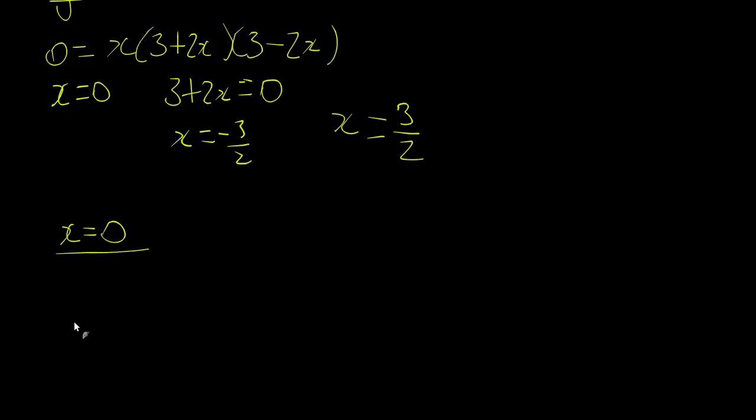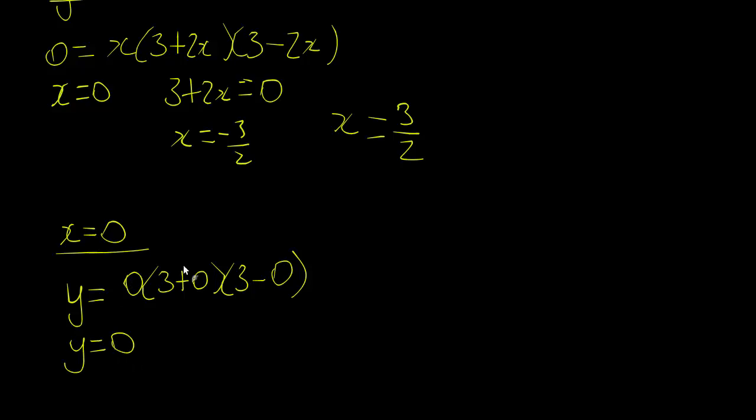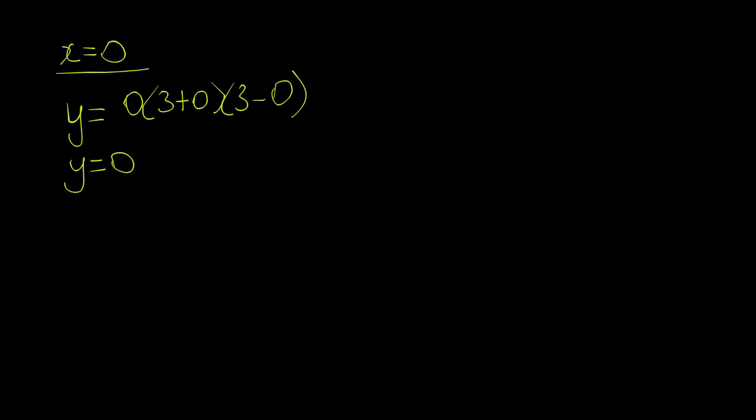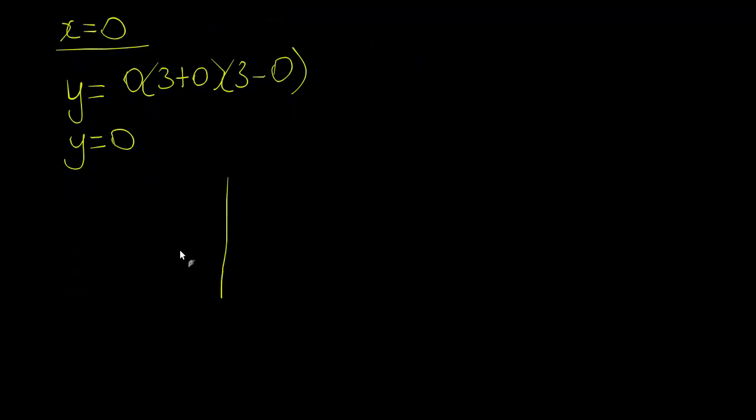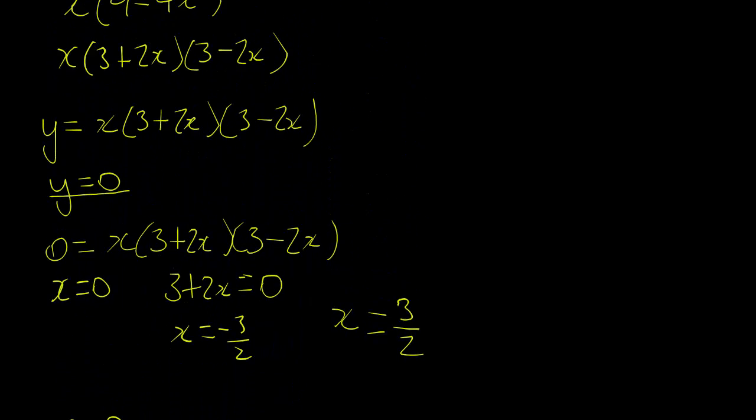You might be able to spot it anyway, but let's do x equals 0, see what we get. So when x is 0, we have y equals 0 times 3 plus 0 and 3 minus 0. So because we've got something times by 0, y must be 0 too. And that gives us our solutions. It's worth spotting before you sketch it whether it's a positive or a negative cubic.